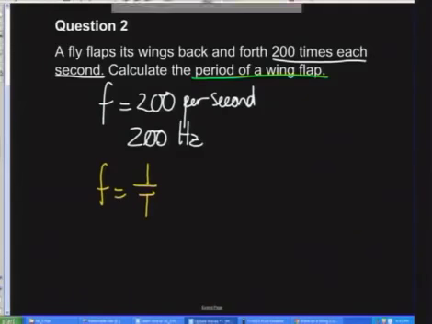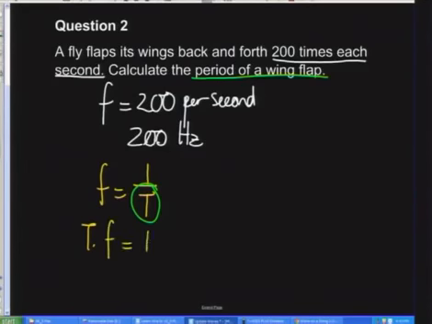I want to work out the period, so I need to rearrange this equation. You take the period up to the other side, and because it was dividing on the right, when we take it across the equal sign, it becomes multiplying. And when we take the frequency across, the period is 1 over the frequency.